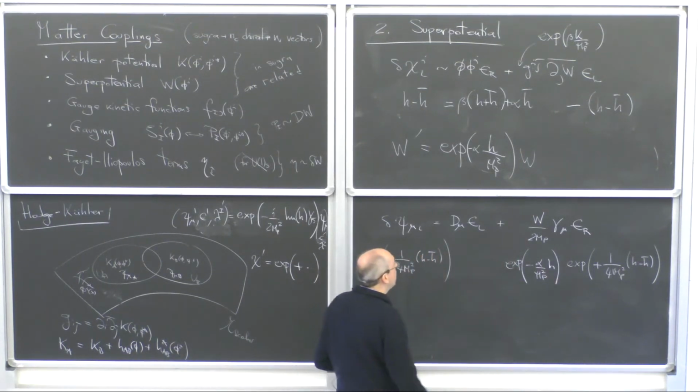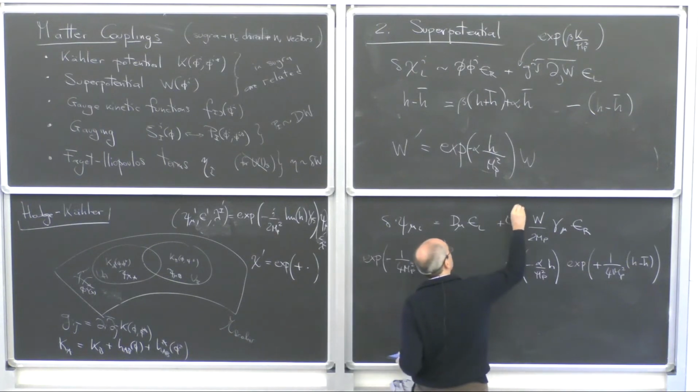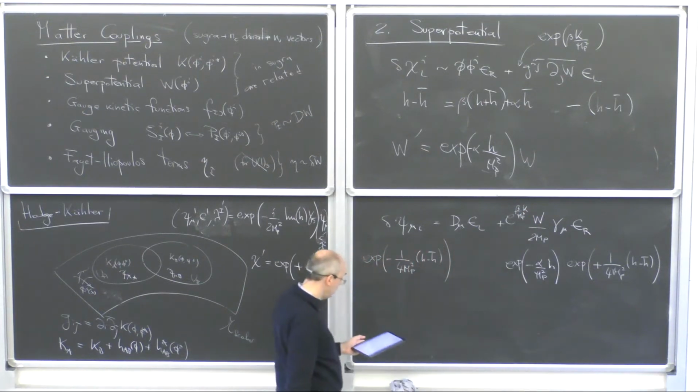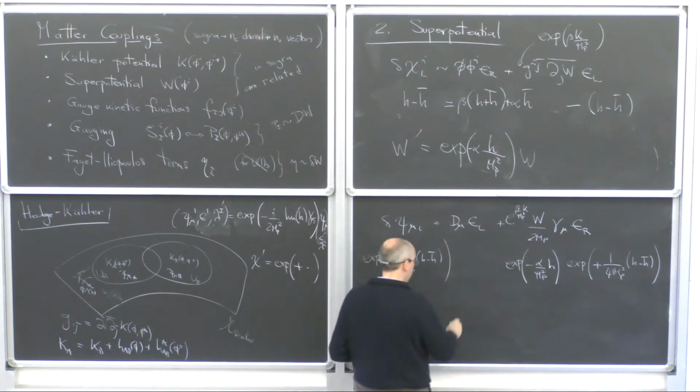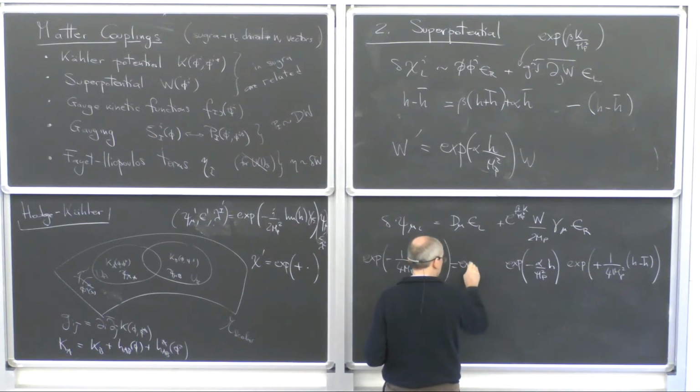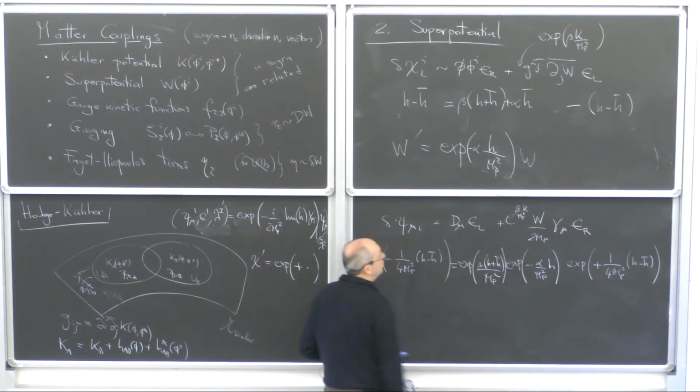And then what I do is I introduce an exponential of the Kähler potential in such a way that here I write the exponential of beta h plus h bar now. This is the transformation.